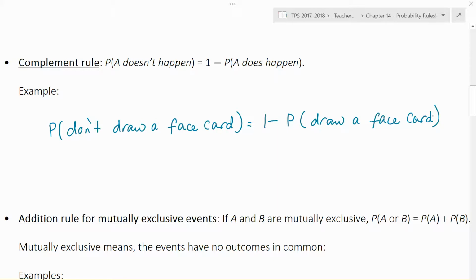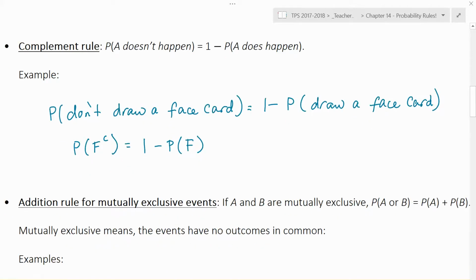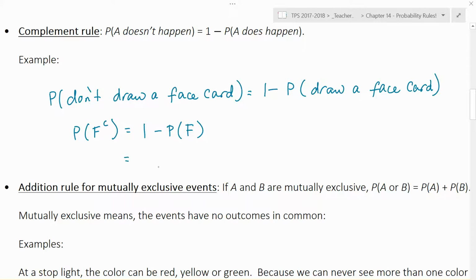We might make this more formal, and there's a little symbol that we use to indicate that we're finding the complement of something. A complement can be thought of as the opposite of something. So this is the probability of FC, we don't draw a face card. It could be found by finding 1 minus the probability that we do draw a face card.